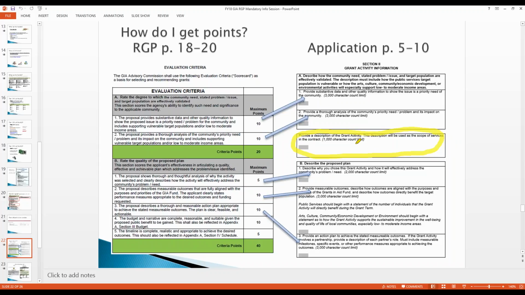This was added as a matter of continuity, and because the other top two questions did not address the description of the grant activity. So it's going to be very helpful for the Commission to understand the two answers above. So you have to be very concise and clear in answering this question too, which will not get you points directly. Okay, so that's how the application will be scored.